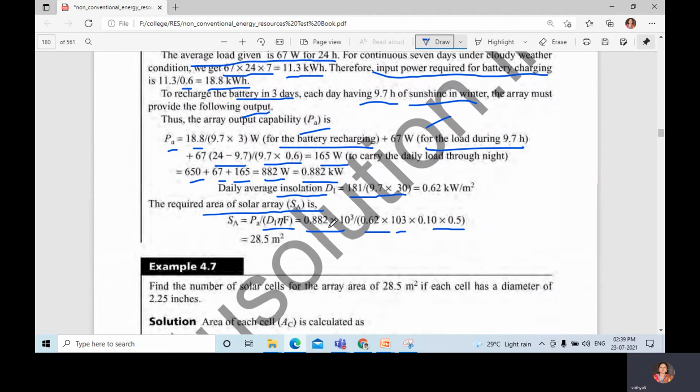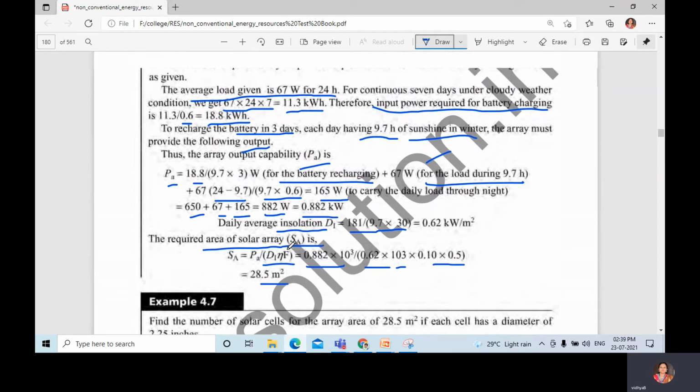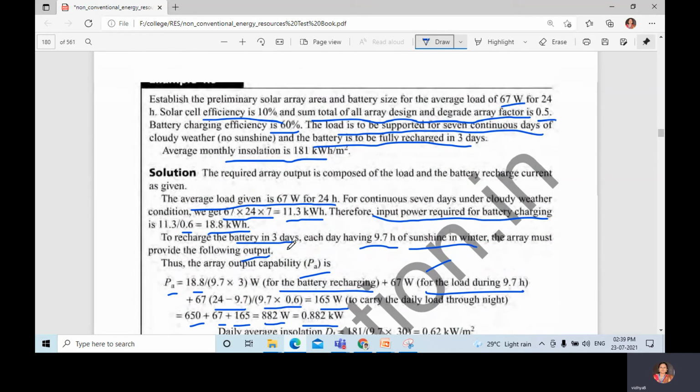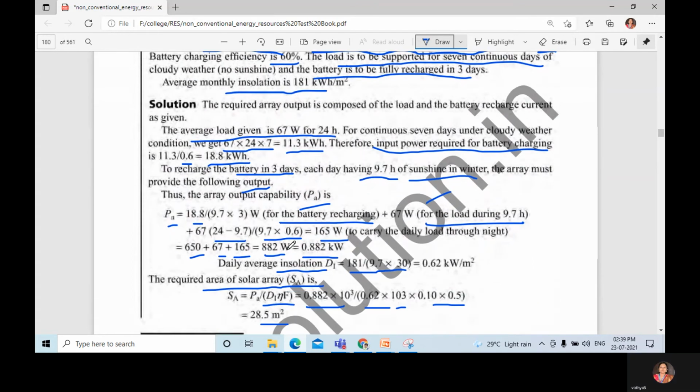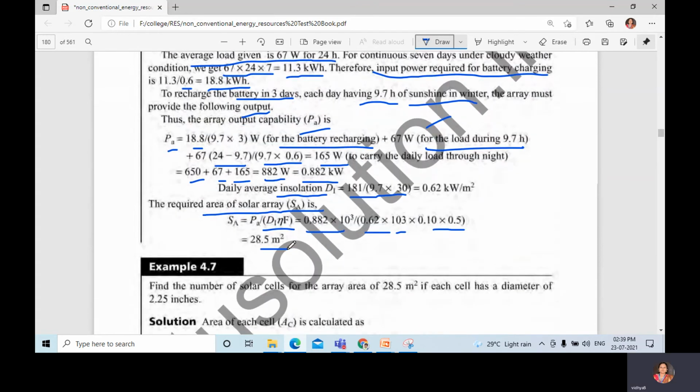You will get 28.5 meter square. Once again you check how much value you get. Substitute all the values, you will get 28.5 meter square.